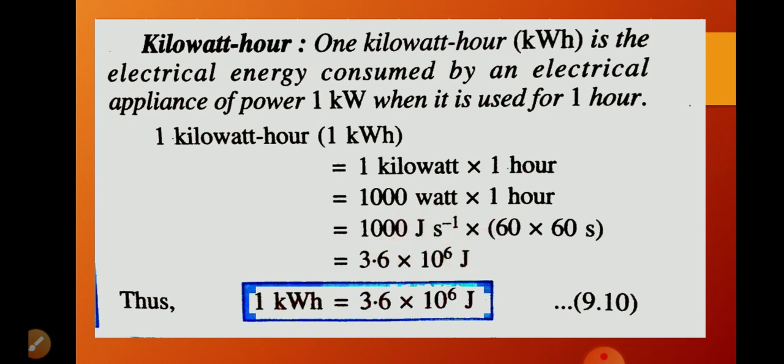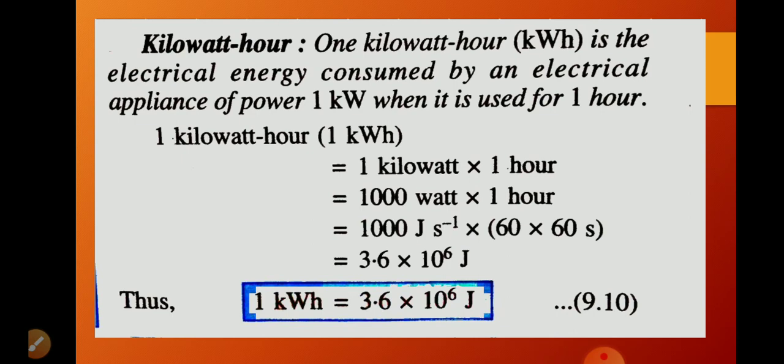Thus, 1 kilowatt hour is equal to 3.6 into 10 raised to 6 joule.